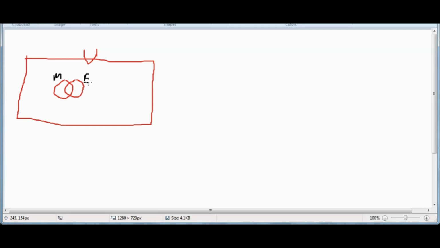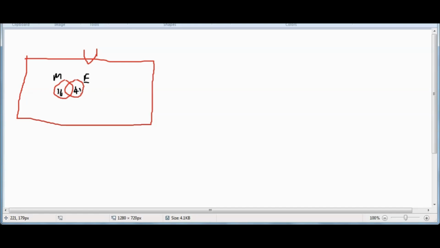Math is 16. I'm gonna write 16 inside the circle. Students that pass English are 41. Seven students neither pass math nor English. Though they are still members of the class, they will not go into the M and E circles.